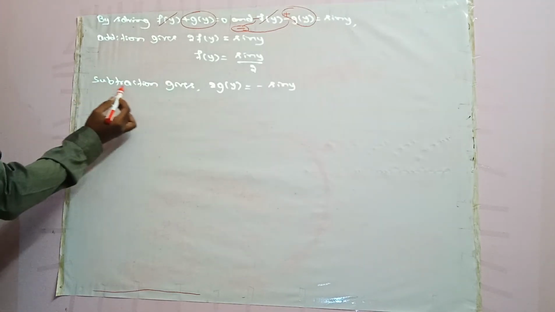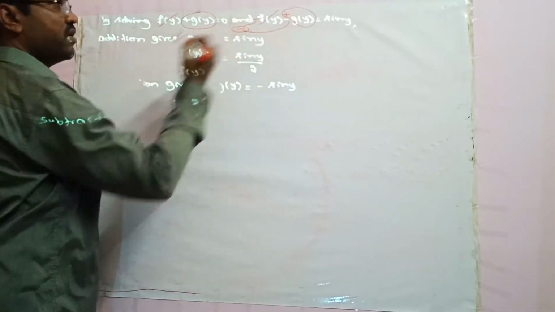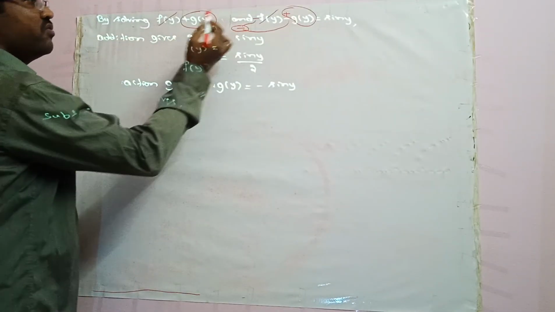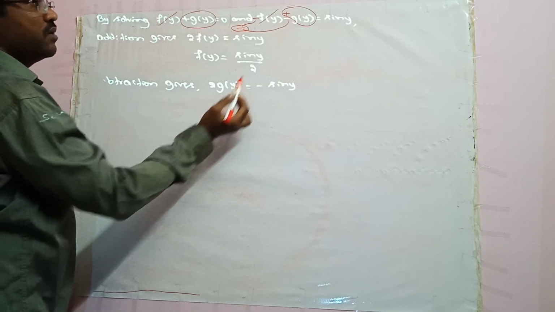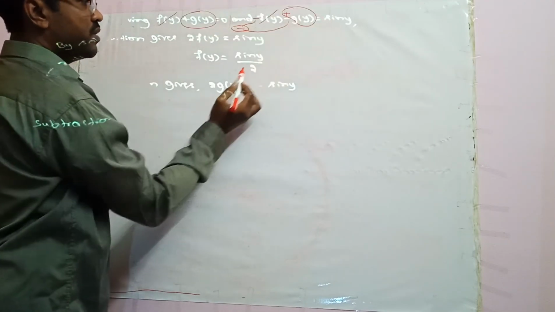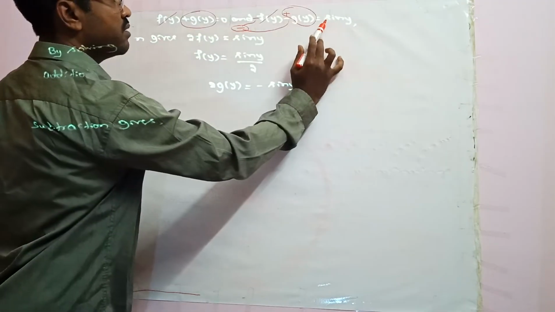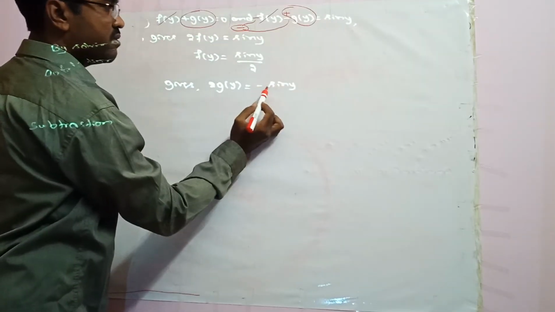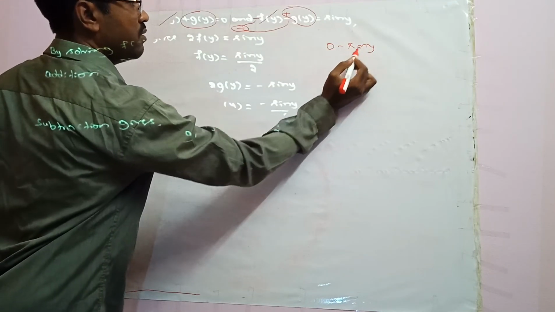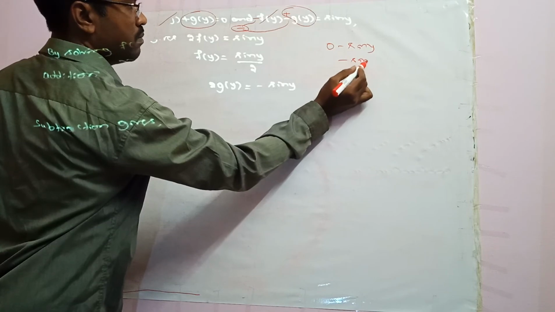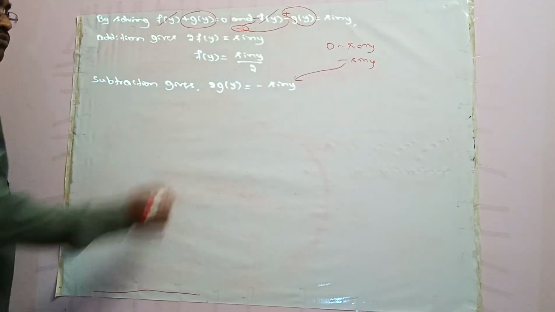Subtraction gives 2 times g of y is equal to 0 minus sin y, which will be minus sin y, which we have written here. Therefore, g of y is this.